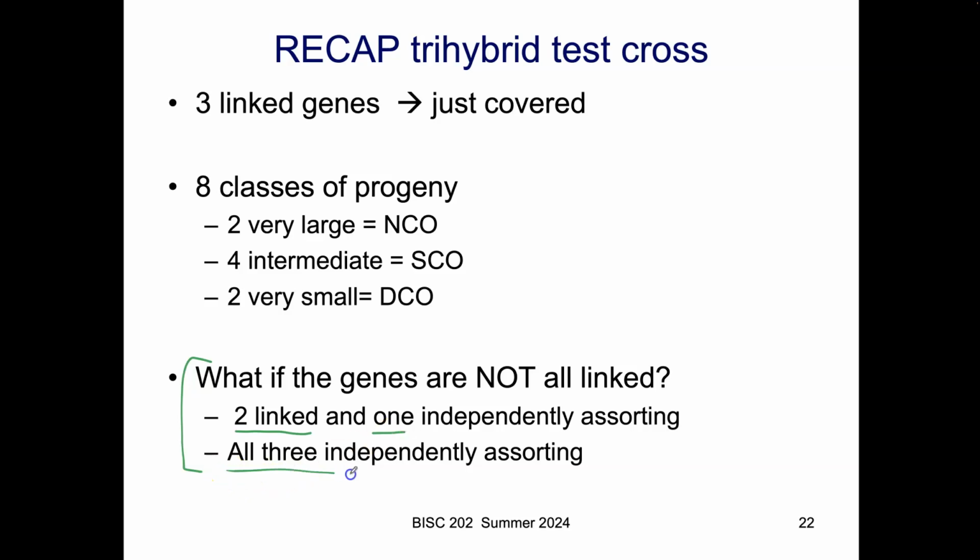And then what would you expect to see if all 3 were sorting independently? Hopefully you gave that some thought. And we'll look at those patterns, and we'll finish off by taking a look at the case of 3 genes on the X chromosome, and how you would go about doing that kind of mapping.